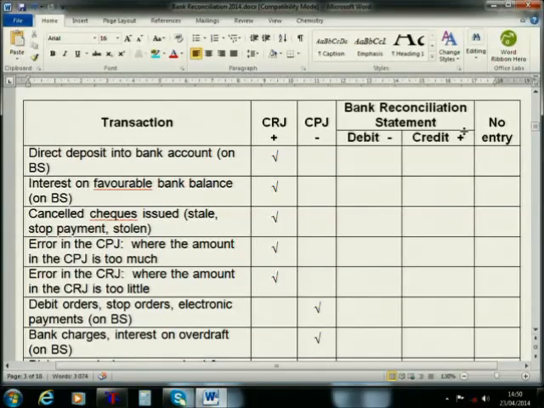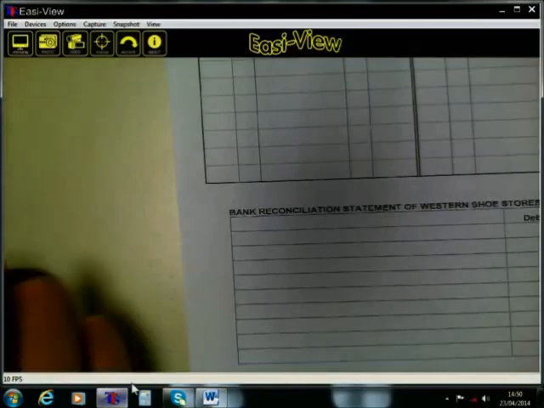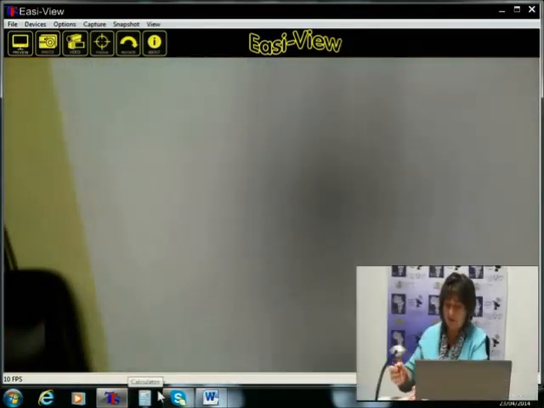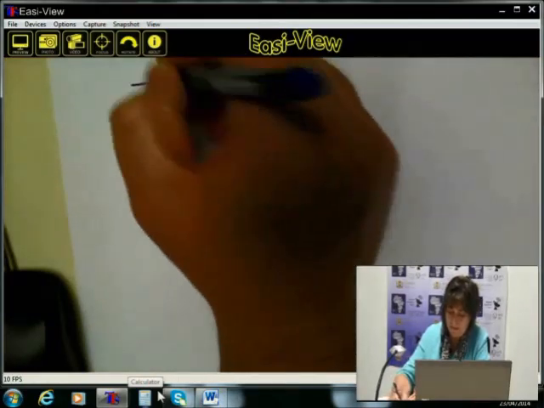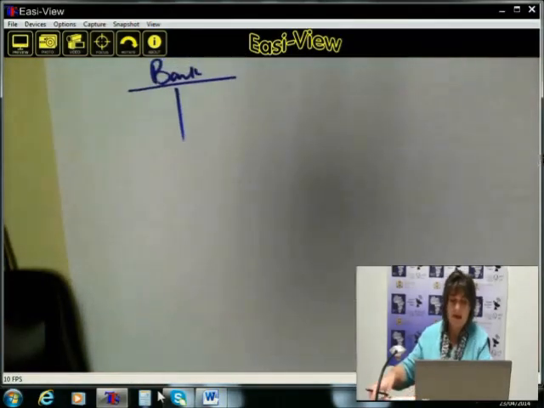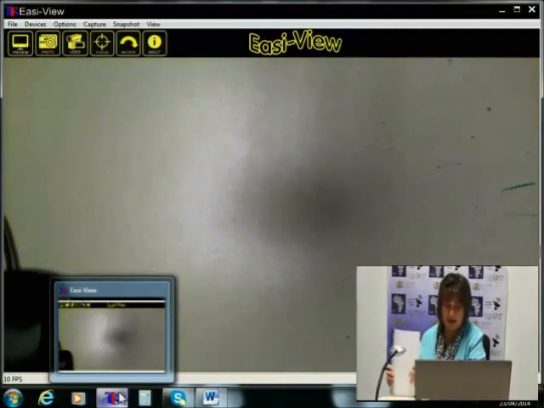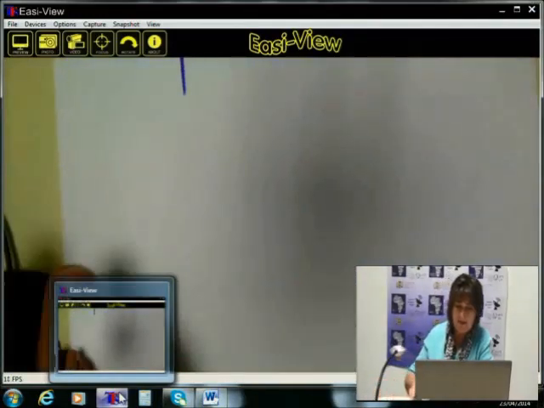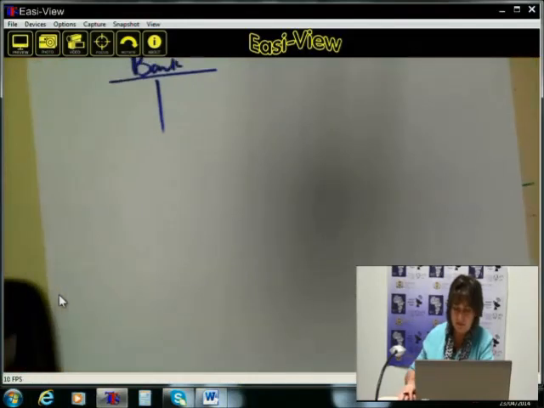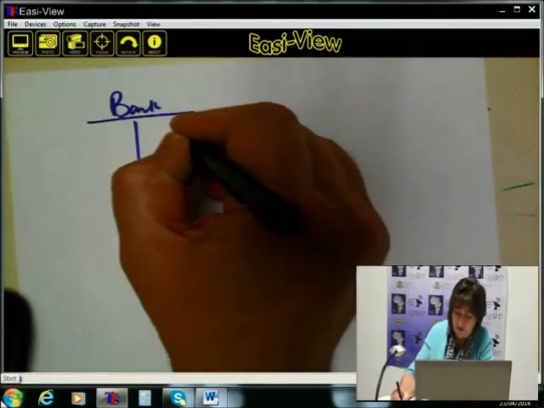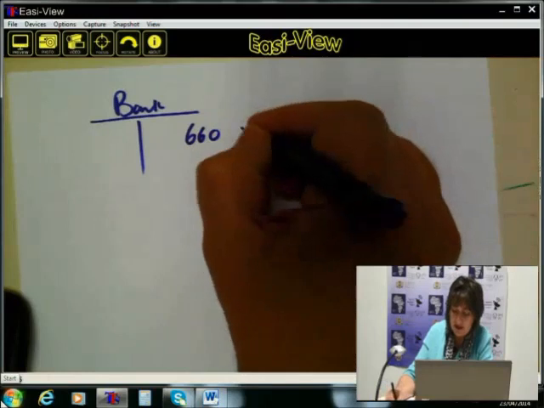There's an error in the CPJ where the amount in the CPJ is too much. I'm going to show you quickly, and it's very easy to understand. The moment that you've got something like that, you only do this. You open a bank account, and it will show you that the bank amount that you put in there of 660 Rand is wrong.